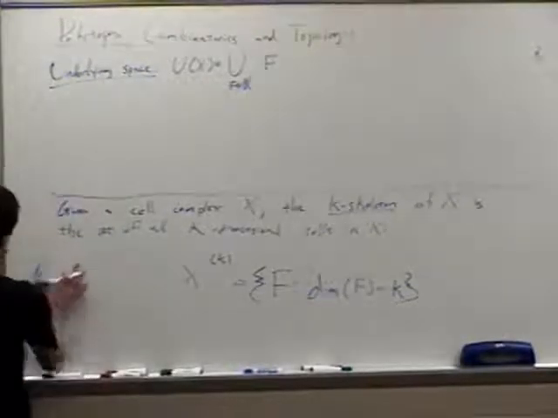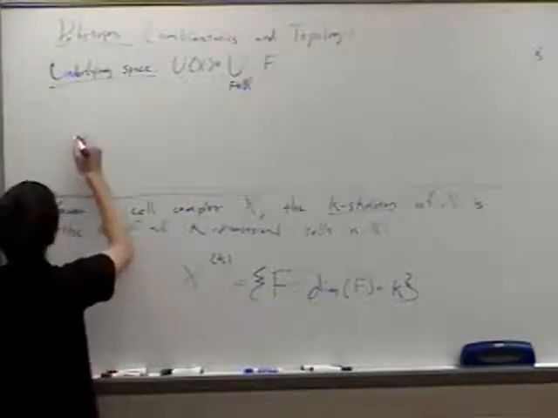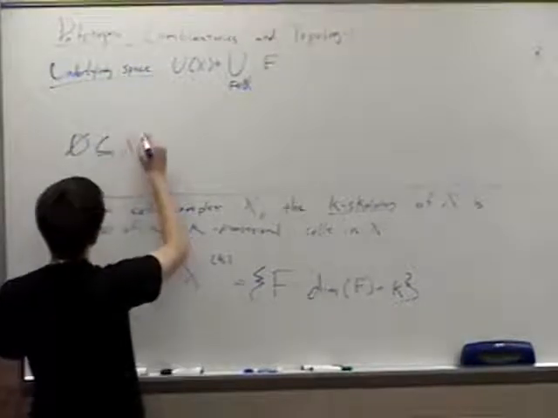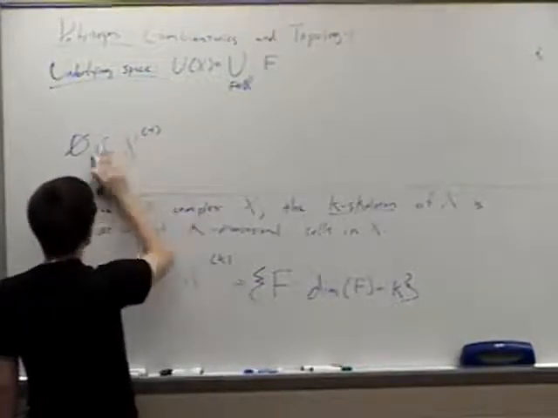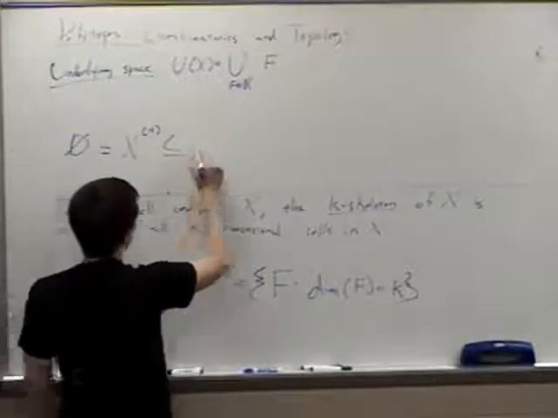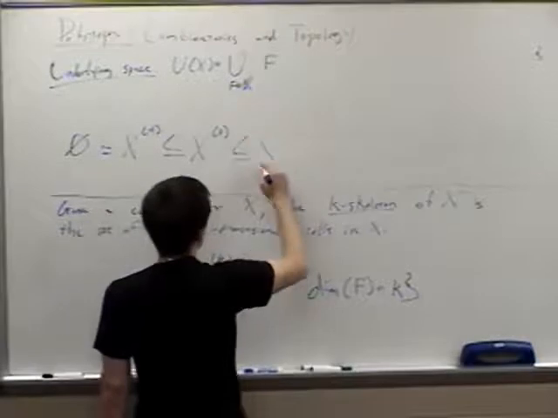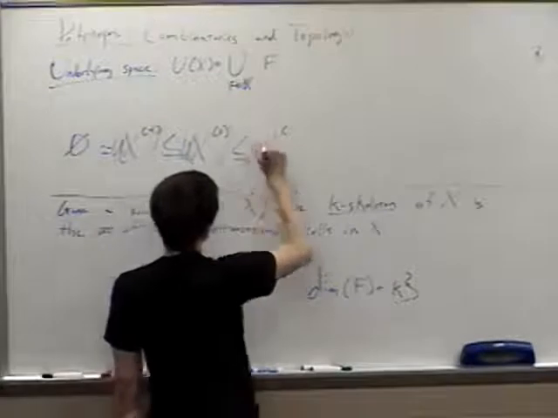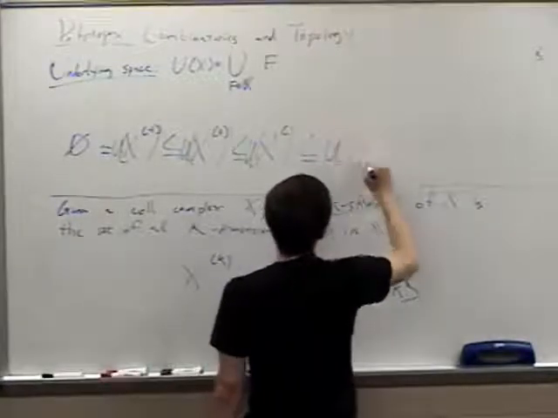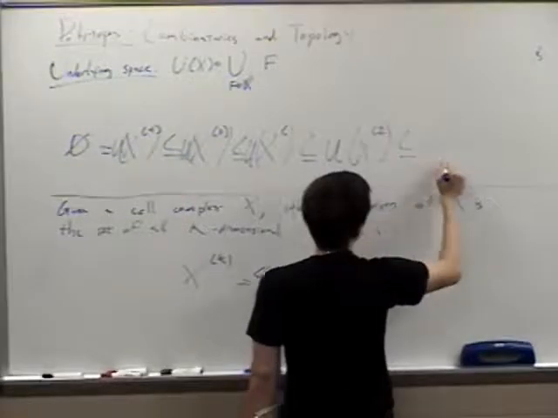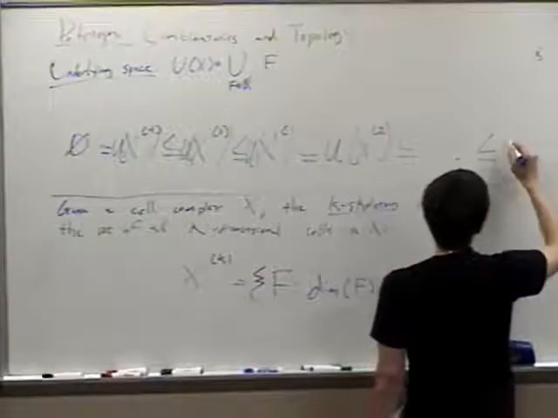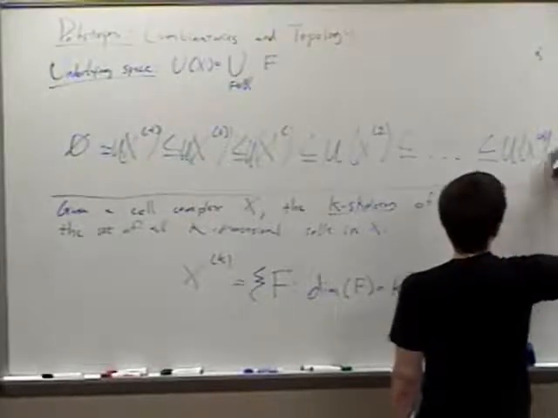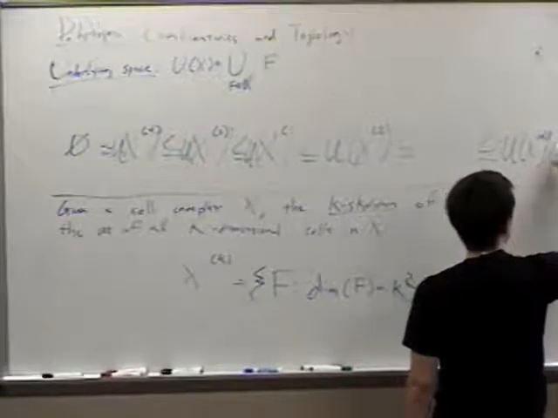And so with this concept of an underlying space, we can say the following, which is that we have this tower: the empty set is contained in, or is actually equal to, U of x negative 1, which is contained in U of x0, which is contained in U of x2, and so on, all the way up to U of xd, which is equal to x.